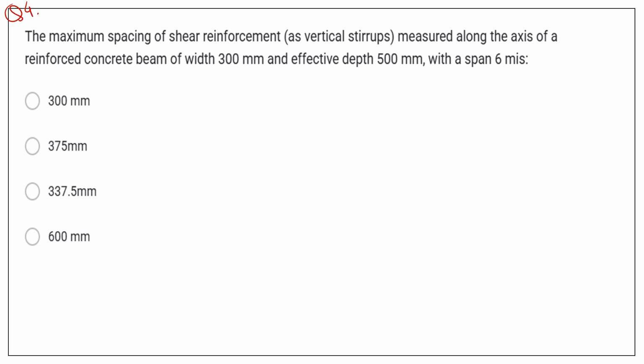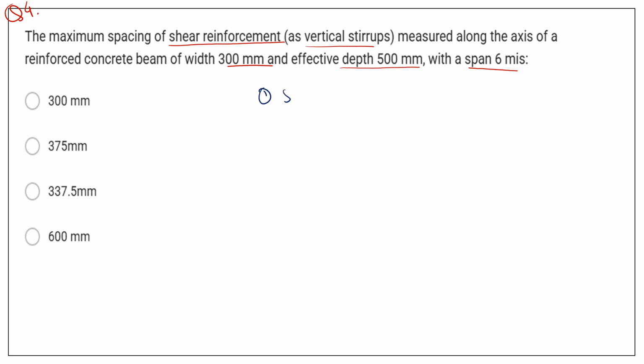Fourth question. The maximum spacing of shear reinforcement as vertical stirrups measured along the axis of a reinforced concrete beam of width 300 mm and effective depth 500 mm with span of 6 meter is? For shear reinforcement there are two conditions.